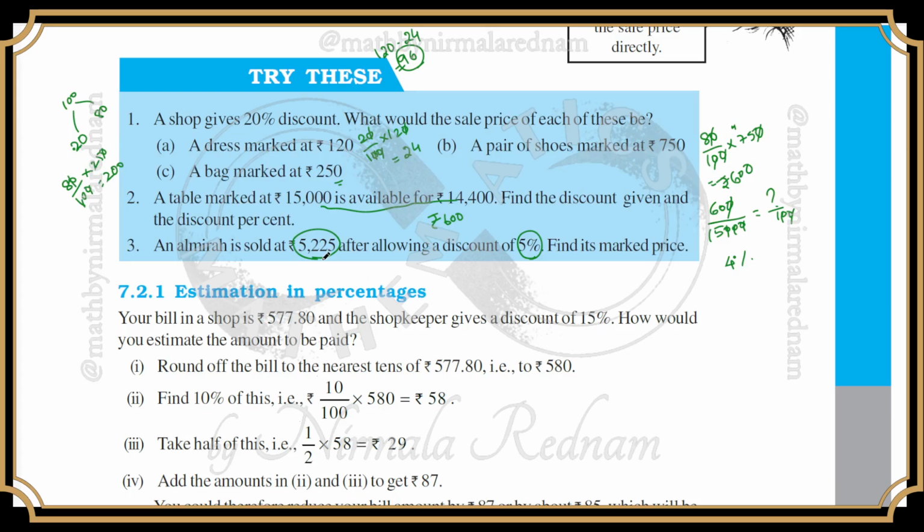Like I told you, this 100, if 5% is a discount, what is my selling price? It's 95%, right? So I'm going to directly write it as 95 by 100 is equal to, why am I writing it like this? Because I'm given 5225, I'm given the amount of selling price, so I have to make use of that, right? And this will give me the answer of the marked price. So if you do the cross multiplication, I have 5225 into 100 by 95.